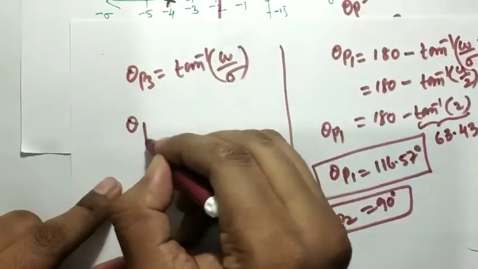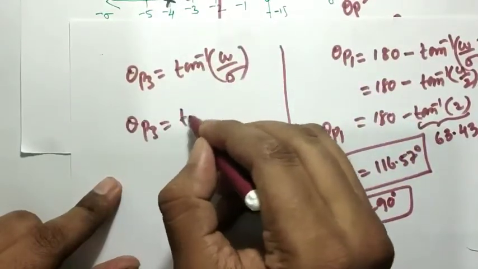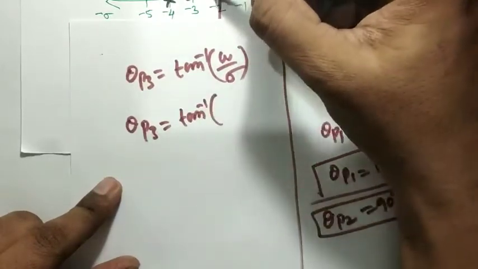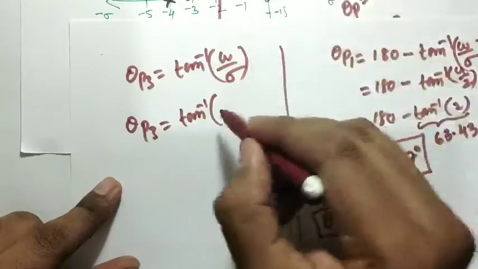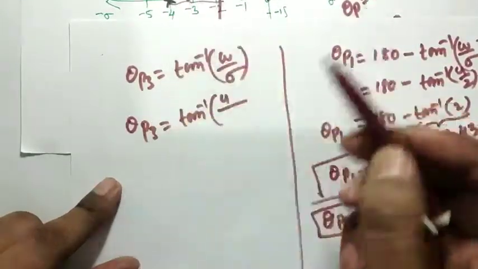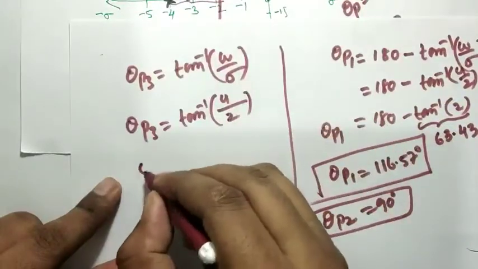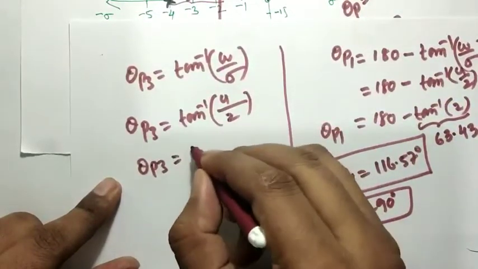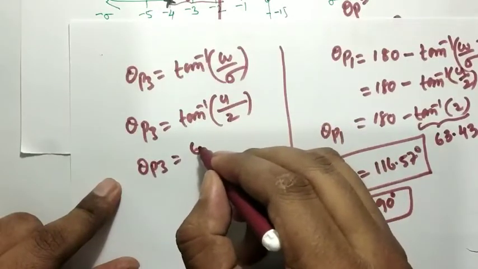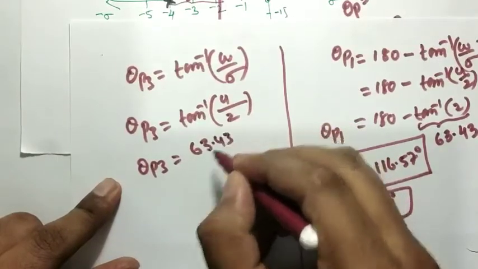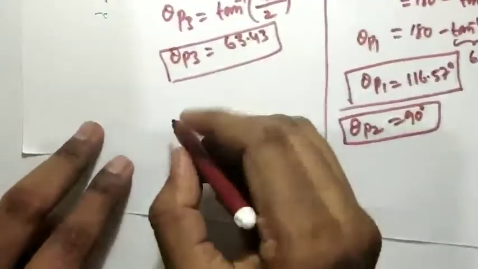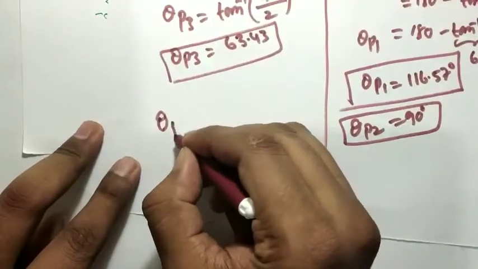Omega is 4, this length is only 4. The real part, from this to this, is again 2 units. So theta p3 is tan inverse 2, which is 63.43 degrees.